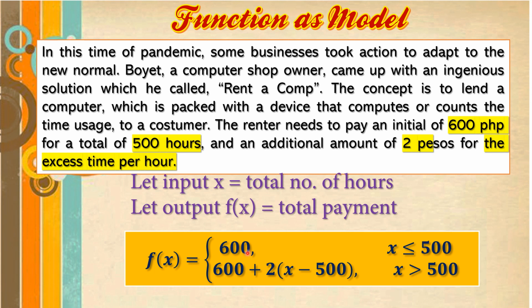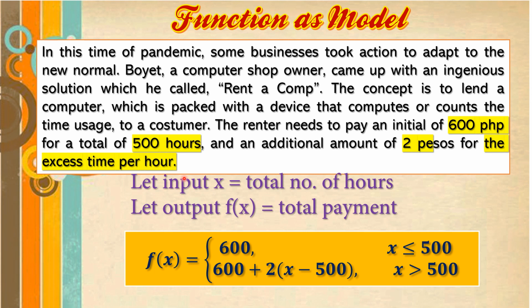But if you have excess time, so if your time of usage is greater than 500, then this will be the formula. Bring down 600 as stated in the problem. We have the word additional, so we have the plus sign. We have to add an amount of 2 pesos, so we write 2 pesos times the quantity for that excess time per hour.